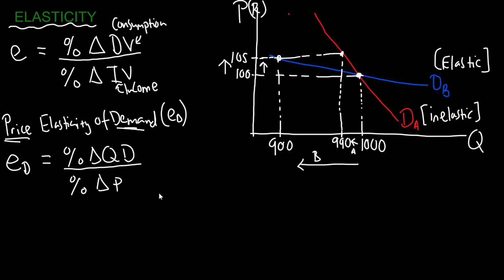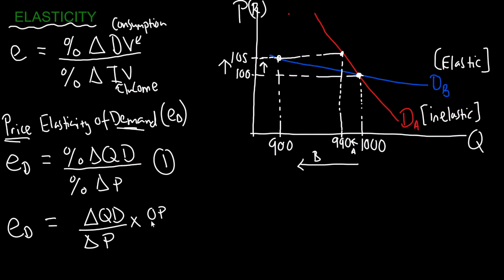This is formula 1. Write it down. We are going to use it just now. This formula can be simplified to just the change in the quantity demanded, no percent here, divided by the change in the price, then you multiply by the original price, and divide by the original quantity.